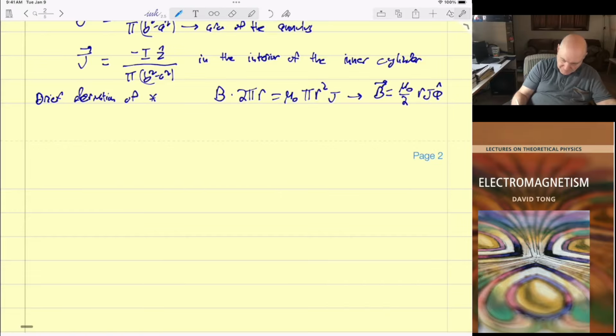Now, it seems like you should proceed in polar coordinates, but actually it'll get messy. I think it's easier to proceed in rectangular coordinates.